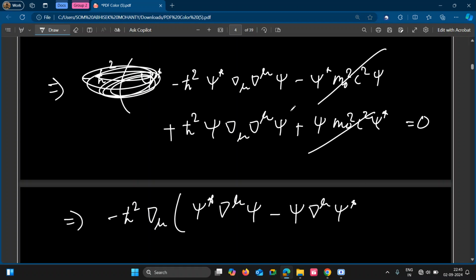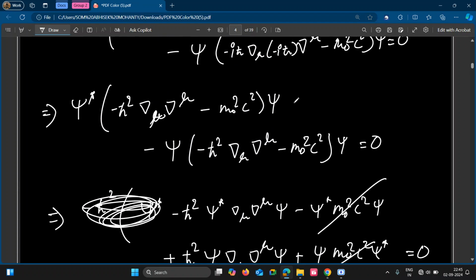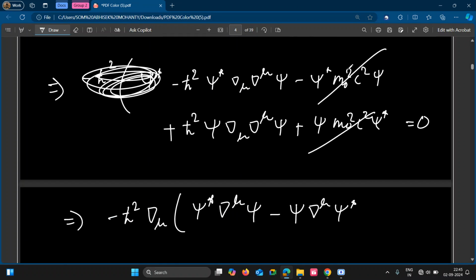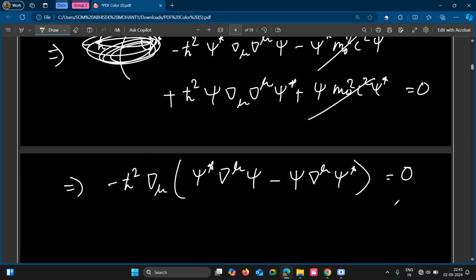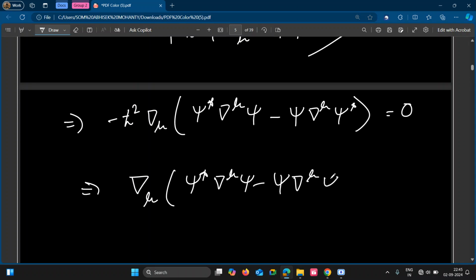Is equal to 0. So if you see, h cut square goes to the other side, so del mu of (psi star del mu psi minus psi del mu psi star) is equal to 0.